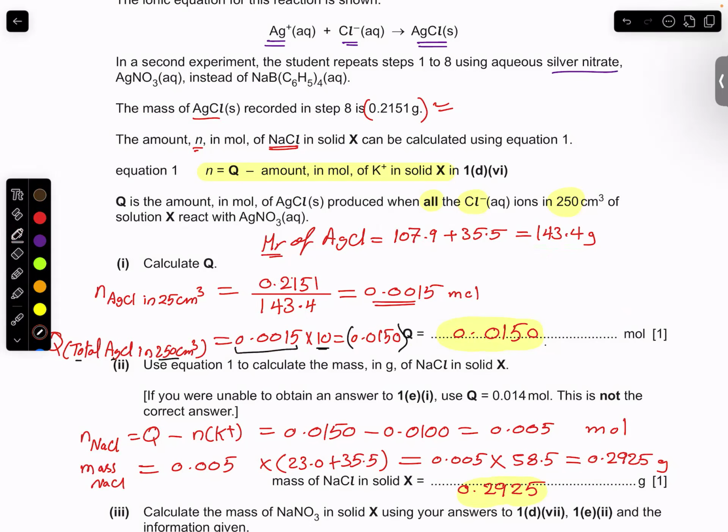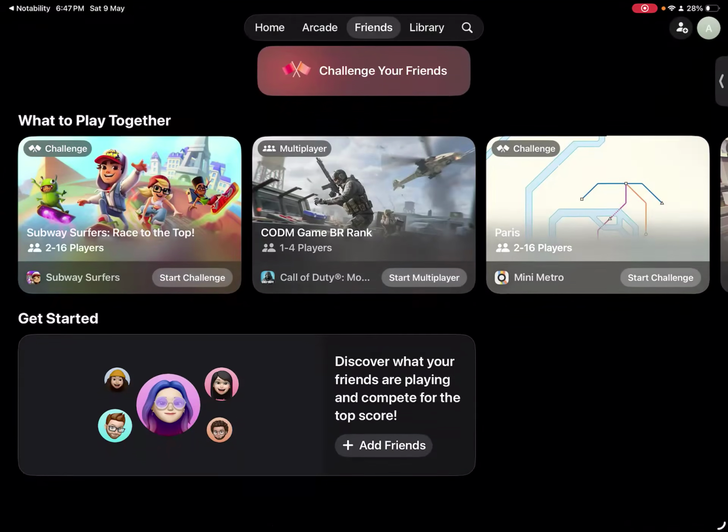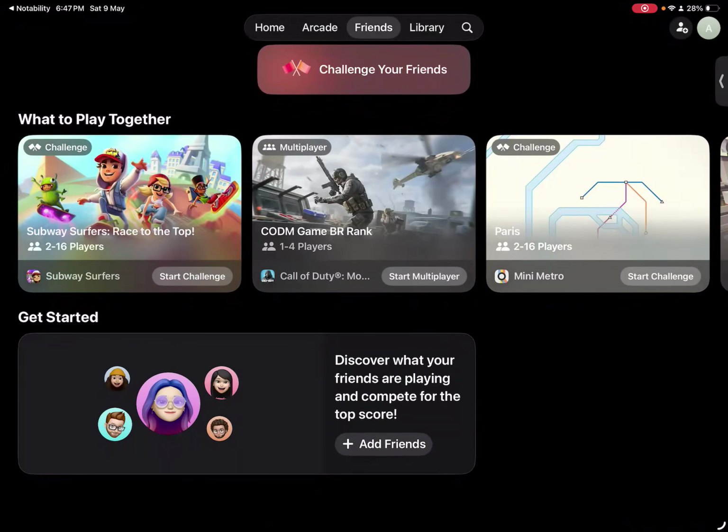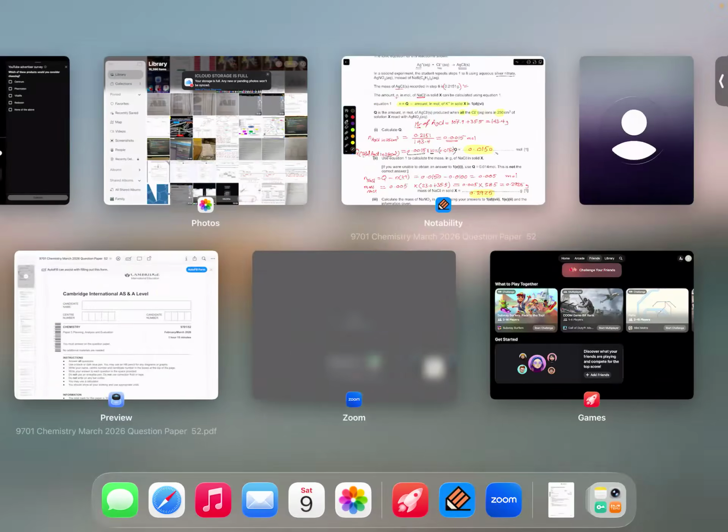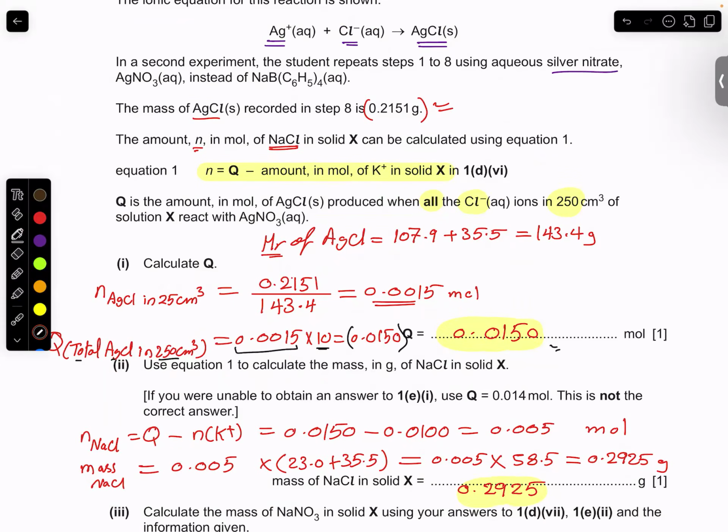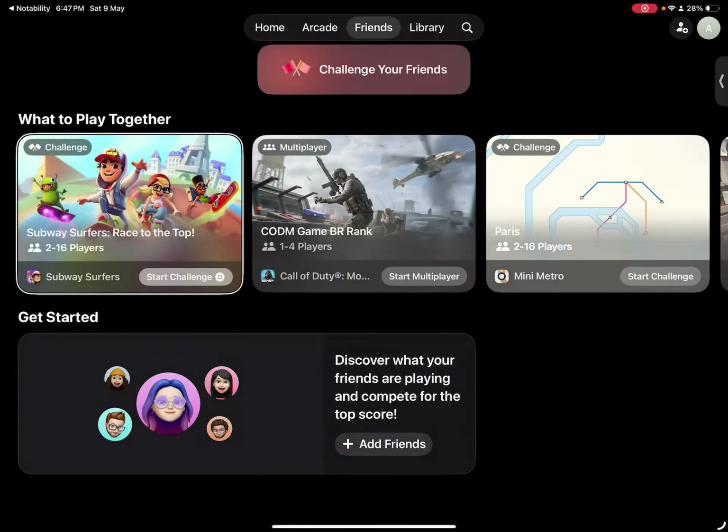So 0.015 is the total number of moles of AgCl present in the solution.